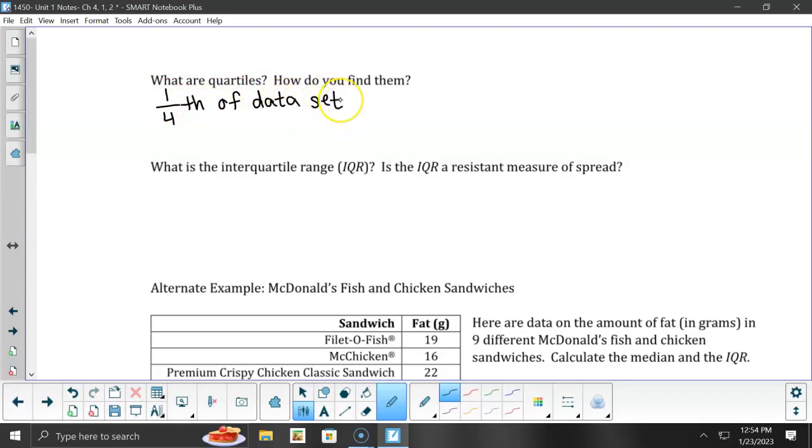When it asks how to find them, you list all of the values in numerical order, figure out where the median is for half, and then split each side in half again. Or you can do it in the calculator using one variable statistics, 1-Var Stats.